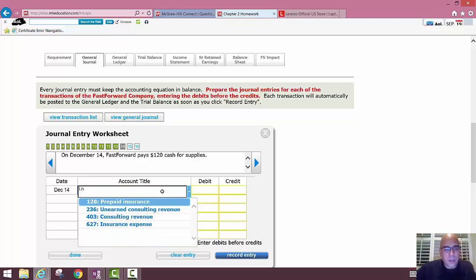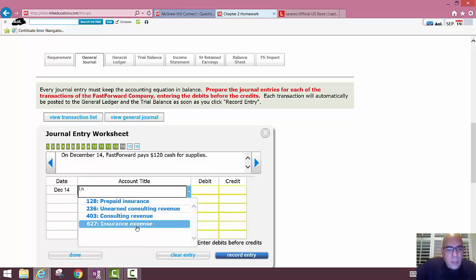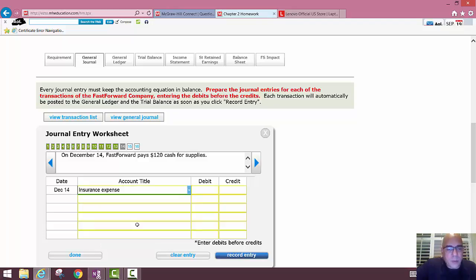Yeah, they do. Okay, so I don't know, maybe they wanted me to set it up this way to begin with, to set up the thing expiring, although it wouldn't have been until December 31st that it would have expired that first month. But I would debit insurance expense $100. That's for that 1 month, right? 24 months, $2,400 is what we paid.